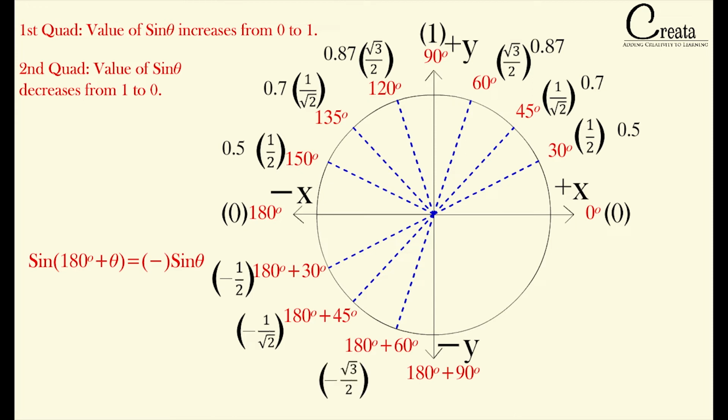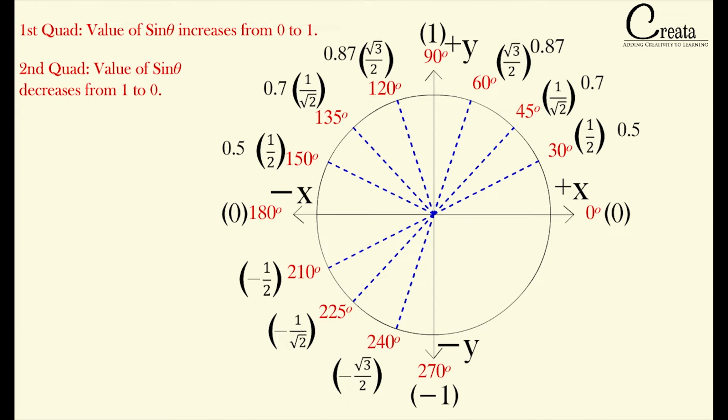And finally sine 180 plus 90 is minus sine 90 degrees, that is minus 1. Here also, on observing, we find that the value of sine moves from 0 to minus 0.5, then to minus 0.7, then to minus 0.87, and finally to minus 1. So we can say that in the third quadrant, sine decreases from 0 to minus 1.